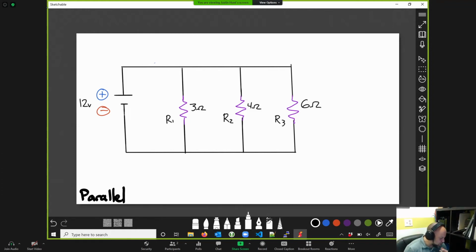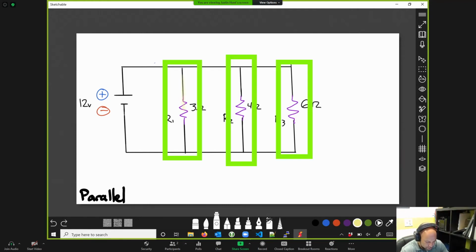What we want to do is figure out what the current flowing through each resistor is. Let's start there. Each resistor is considered to be across this 12 volt power source. Let's isolate each channel almost as if it were its own simple circuit.